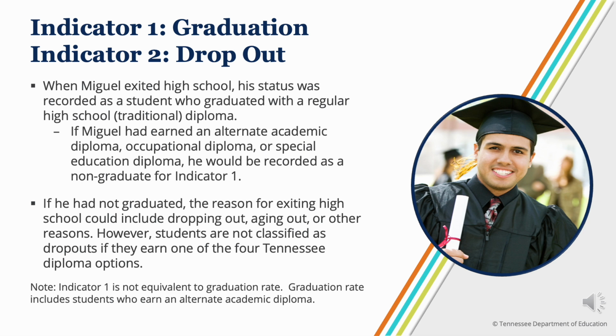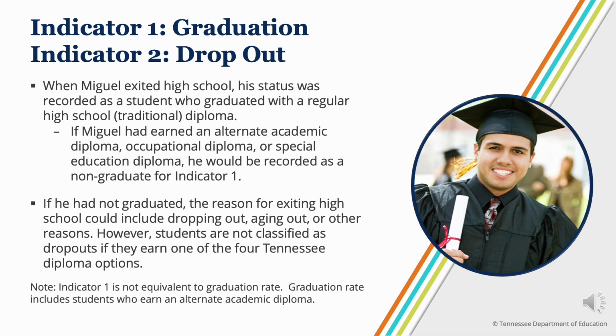This indicator reflects not only the students who graduated with a traditional diploma, but also includes those who may receive non-traditional diplomas, such as the alternate academic or occupational diploma. This broader perspective allows for a comprehensive understanding of the educational landscape and highlights areas where students, particularly those with disabilities, may need additional support to stay engaged and complete their education successfully.